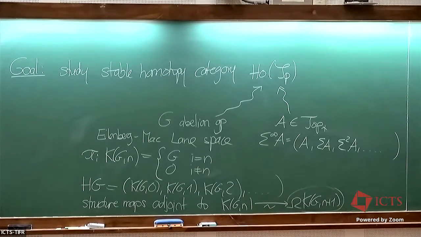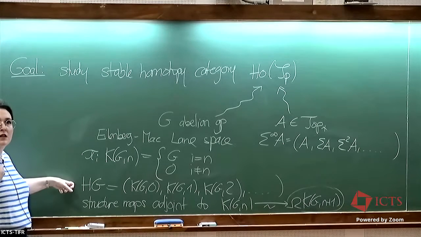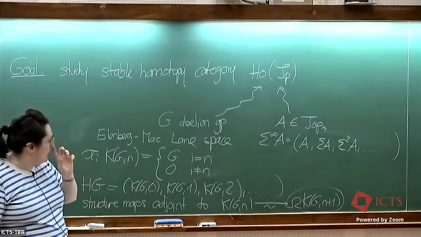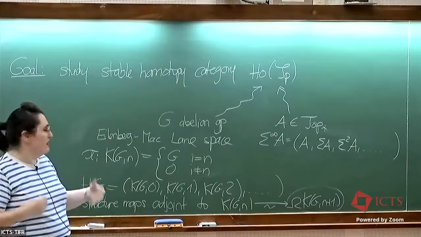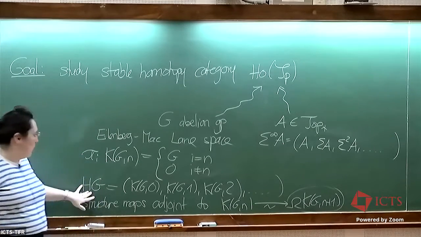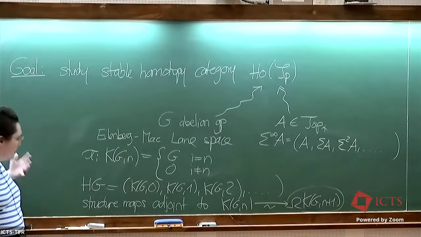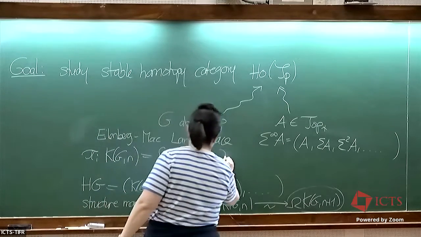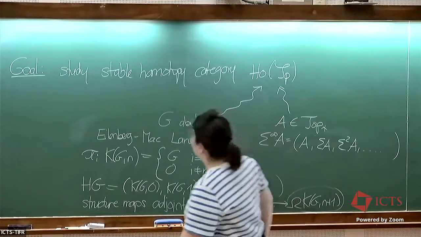And if you write down what the homotopy groups of that spectrum would be with the colimit construction that I showed you last time, you would always just get G in the colimit in degree 0, and you would get 0 in all the other degrees. So that would be exactly, well, not quite the same thing, but I'm already running out of space.